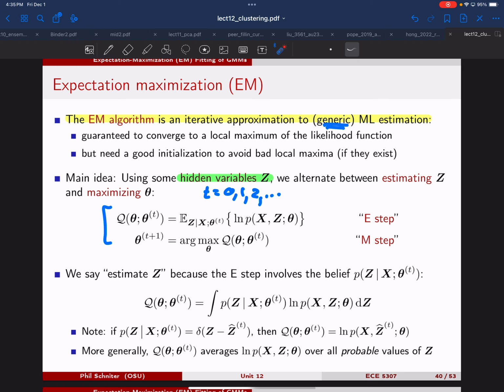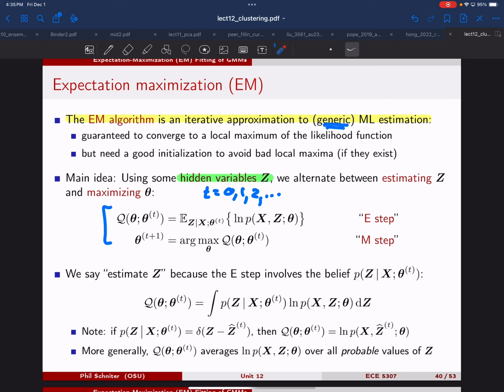Okay, so let's break this down. What exactly is this conditional expectation? So it is what's over here. If you remember the way that expectation or conditional expectation is defined, there's an integral where you're essentially doing some sort of average over this term that appears here, and you're averaging over, in this case, this random variable, z, but you're conditioning on x, which are just your training data, that's known, and you're conditioning also on your guess from your previous iteration.